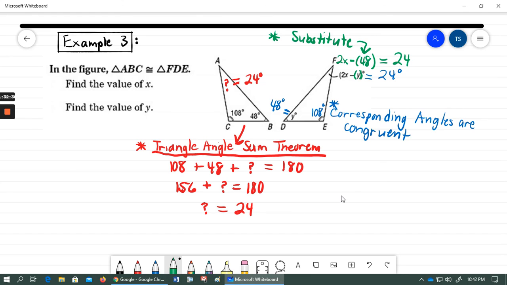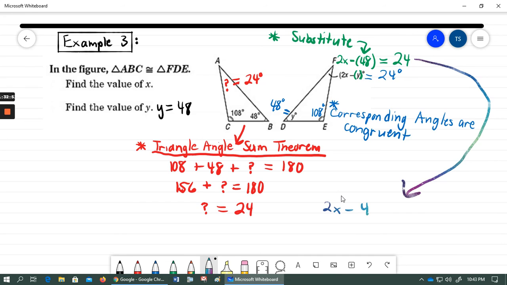We already know that Y equals 48, and now all we got to do is solve this equation and figure out what X equals. Then, folks, I'm going to show you this last example real quick.